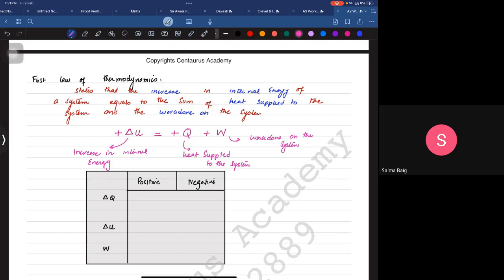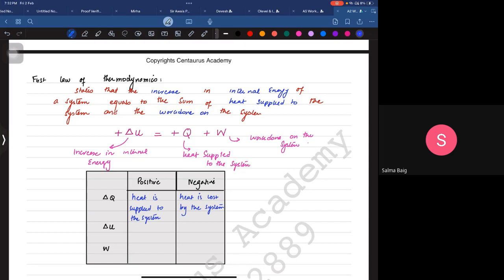Now I want you to fill this table up. I don't know where the line went, so just put a line here. You will have Q positive if it is written in the question that heat is supplied to the system. If it's written heat is lost by the system or supplied by the system, something like that, it would be a negative value.